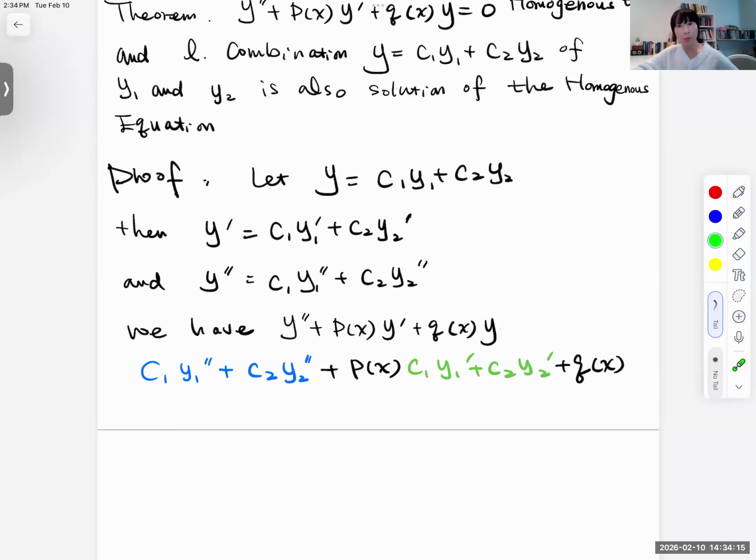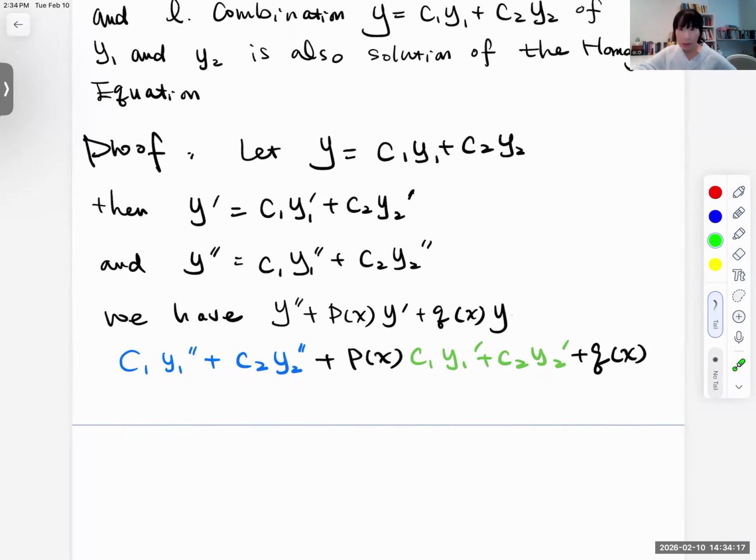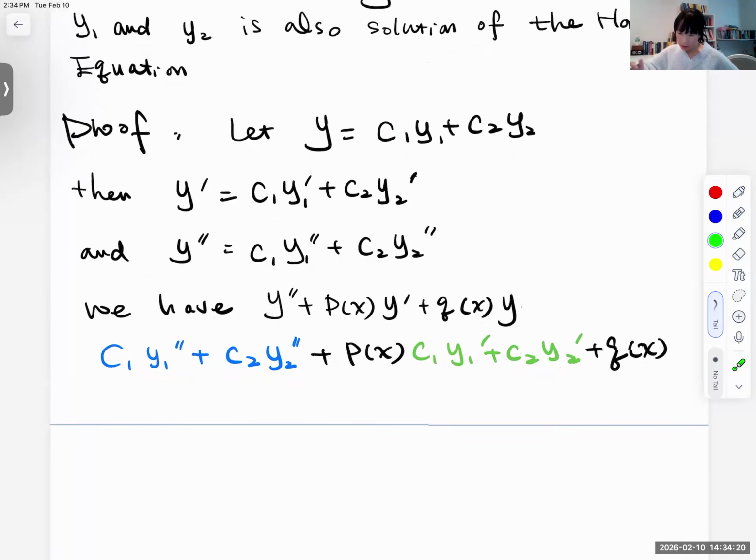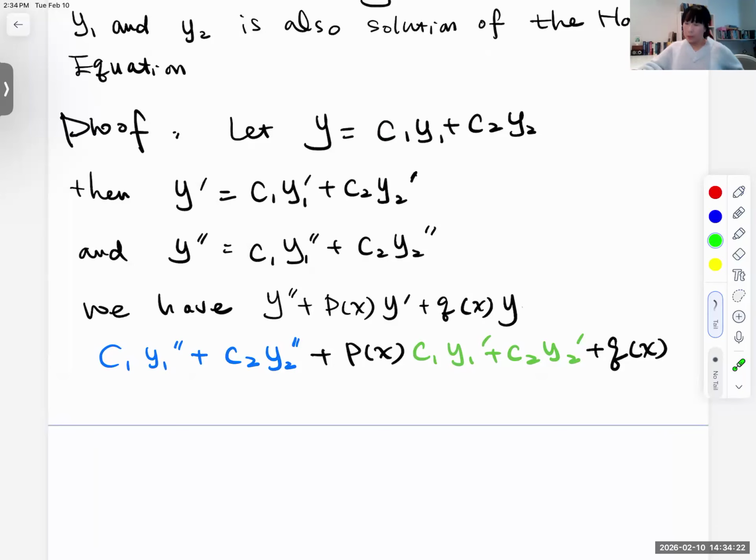Okay, I need more space. I need to make it a little bit smaller.